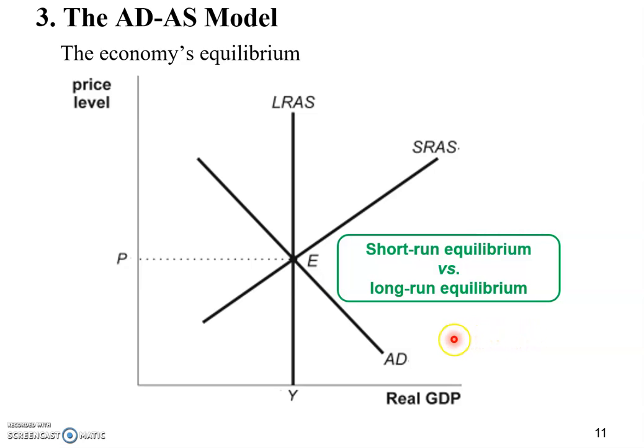In the next video, we're going to start with the components or factors that could shift the aggregate demand, and then we're going to talk about the components or factors that could shift the short-run aggregate supply. Based upon that, we could have a deeper understanding of the causes of short-run deviation of the economy from its long-run potential level.